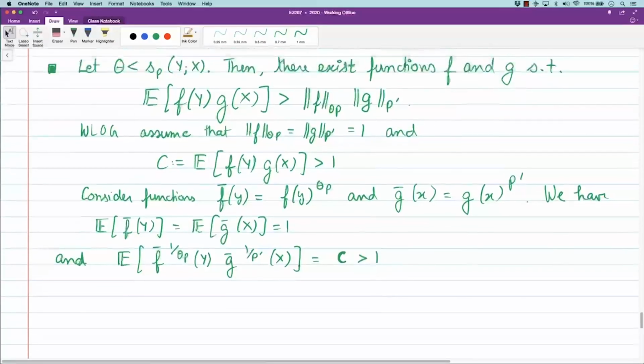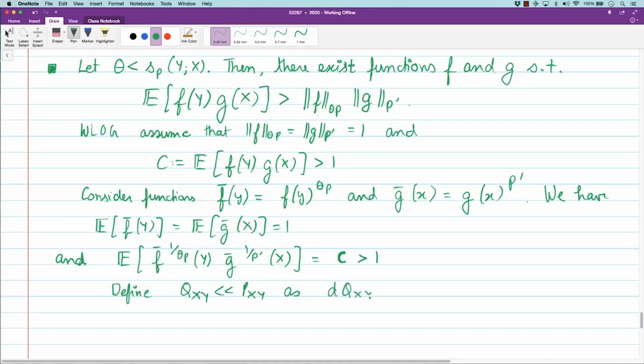Okay, so we use these functions to define our measure change argument. To define a new measure Q_XY, we'll define its density.